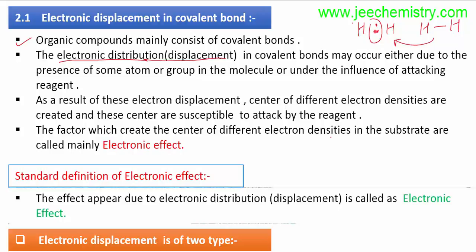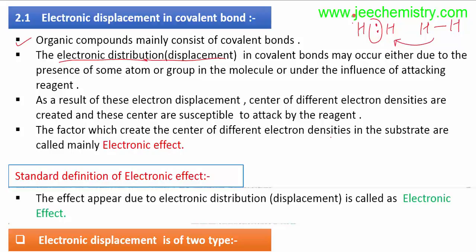It will not stay in the middle; it will shift towards the more electronegative atom. So we say that this is electronic displacement, electronic distribution.